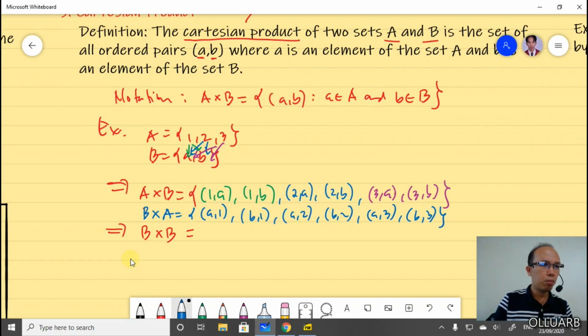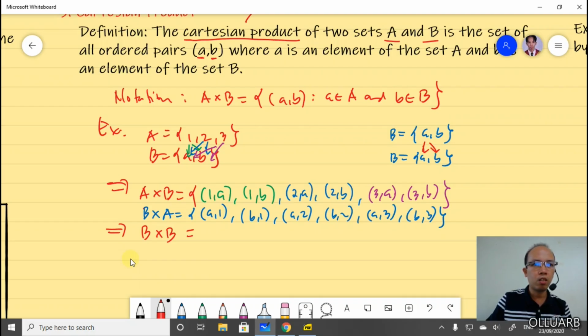So what is B times B? If you have B here, which is {a, b}, and then B here, what will happen is that we have aa and then ab, then ba and then bb.